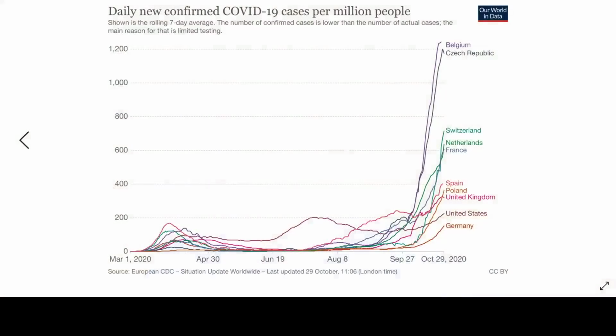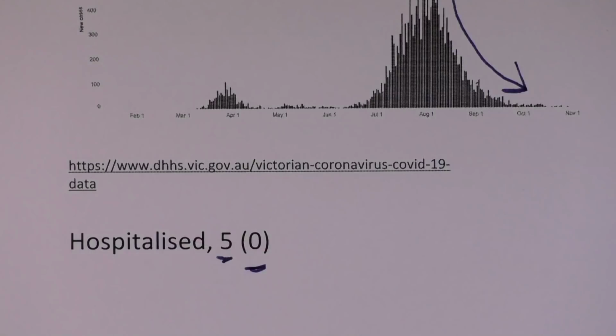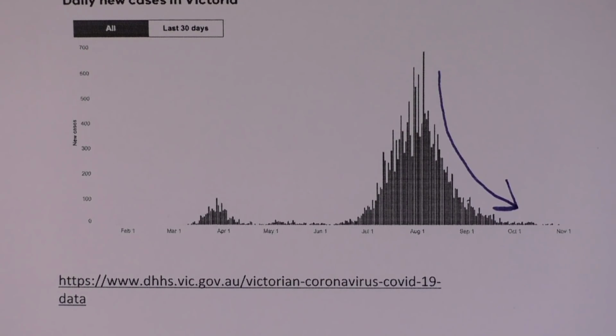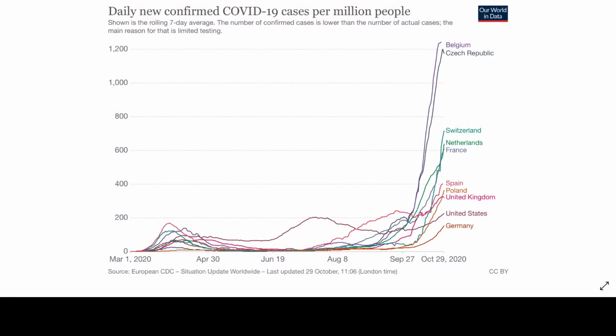Absolutely amazing, absolutely incredible. So that's what the graph should look like. Unfortunately, ours don't. So here we have the European graph. Here we have the Victoria in Australia graph. Not much more needs to be said, really. Thank you for watching, as always.